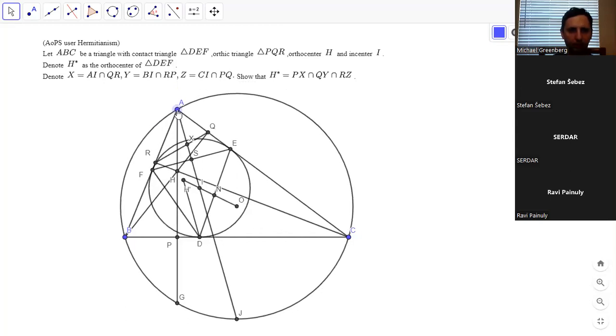Or maybe we try inversion somehow. Although, I don't think that's that easy. So angle BA.